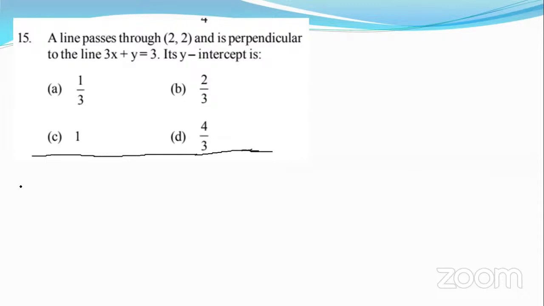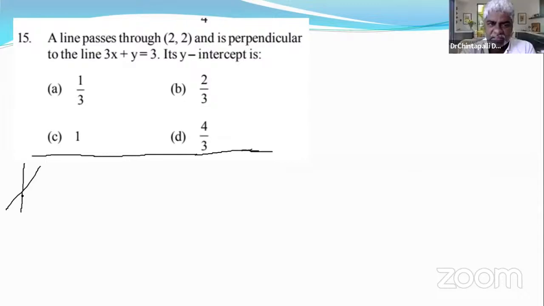Intersection means when two lines are given, they are called intersecting lines, and this point is called the point of intersection. Whereas intercept is not only for x-intercept and y-intercept. The same word is used in other concepts also.